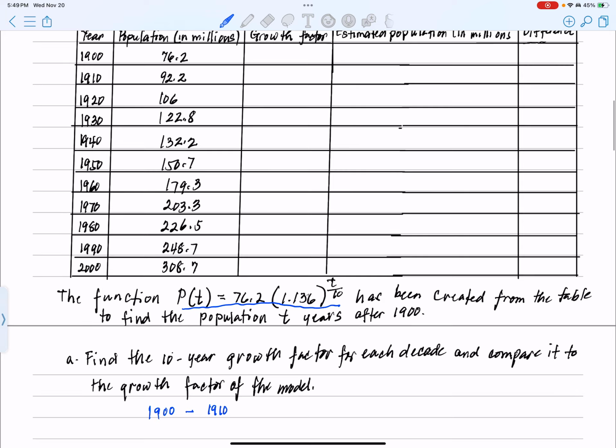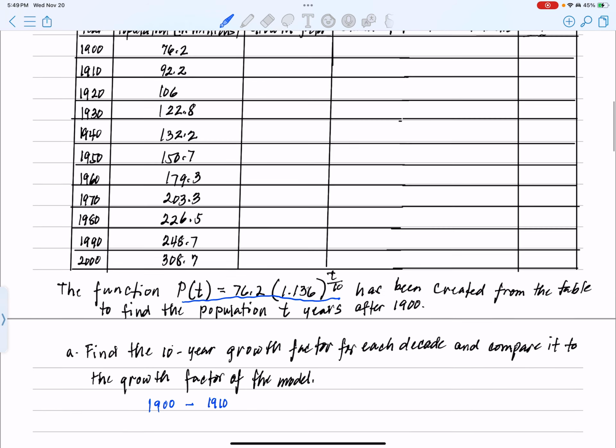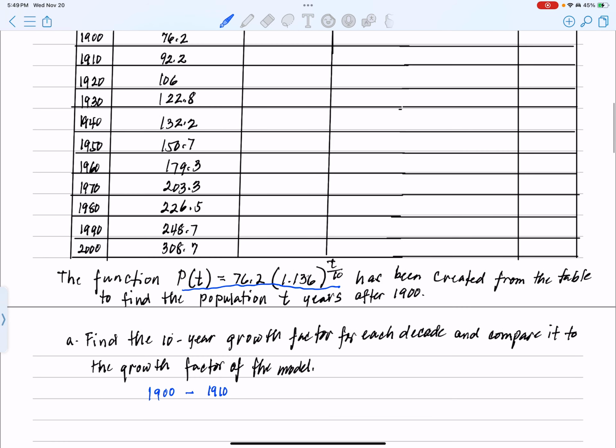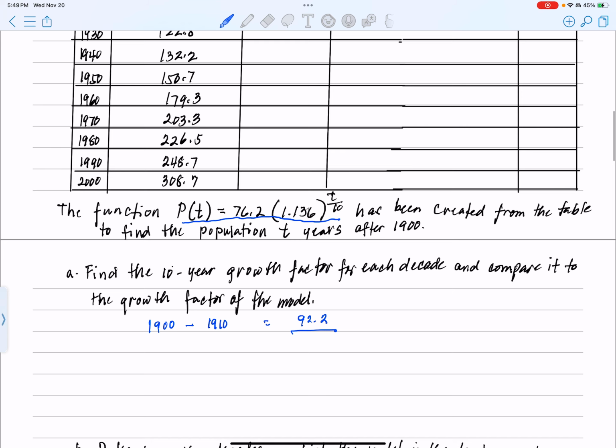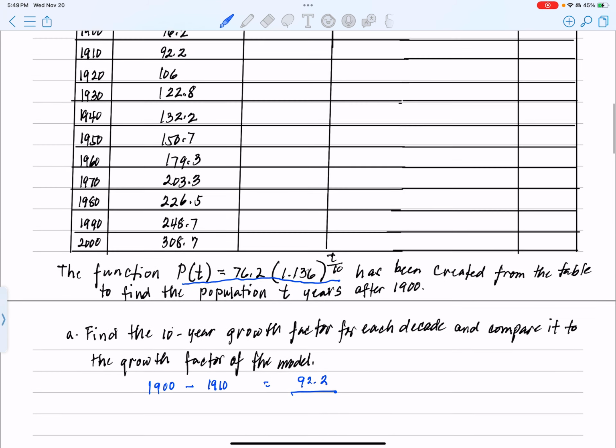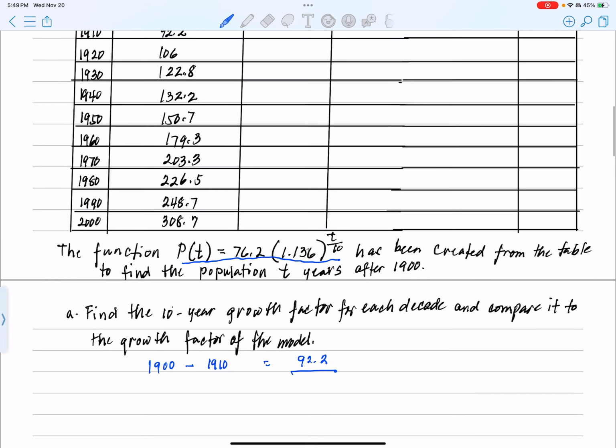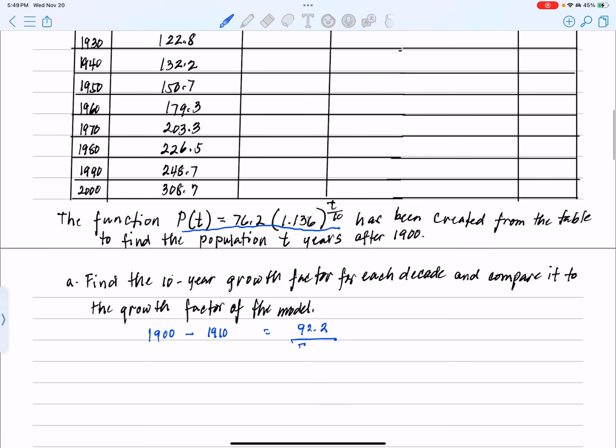We have 92.2, and then we divide it by the population in 1900, which is 76.2. So we come up with 1.210.